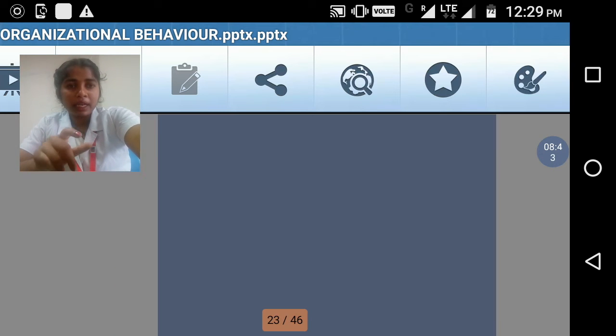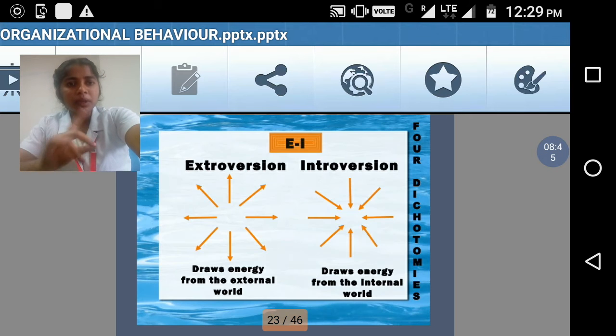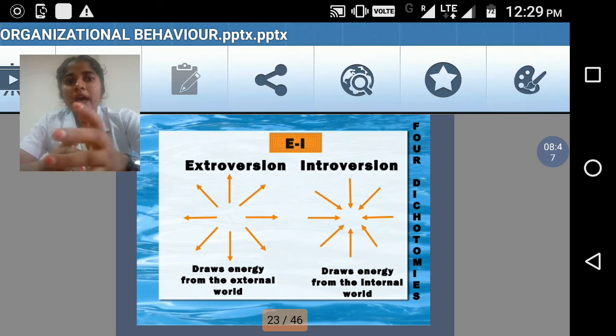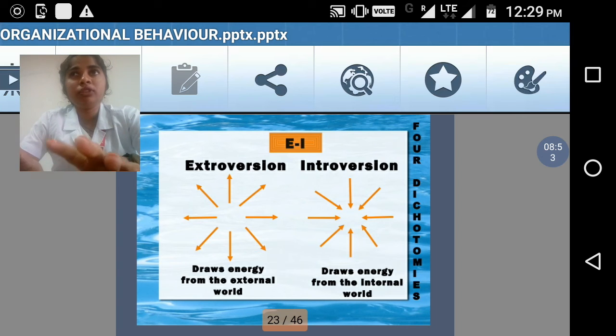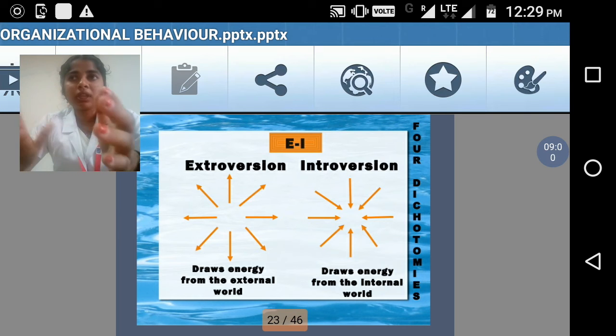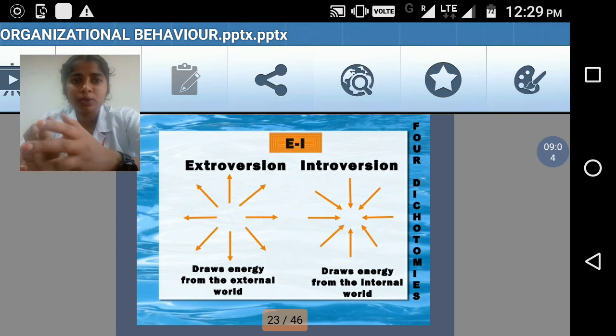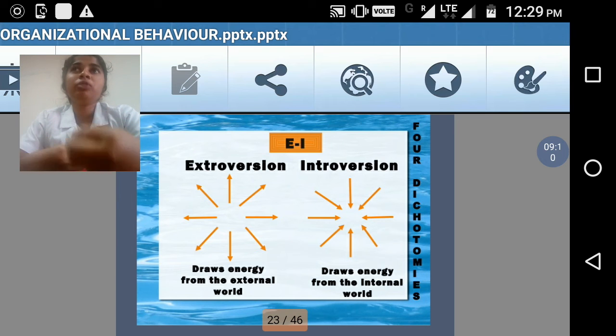Let's see the examples of extrovert and introvert. The arrows going out represent extroversion, where people are always focusing on the outside world. Introversion means people are always inside their own place. Extroversion draws energy from the external world.